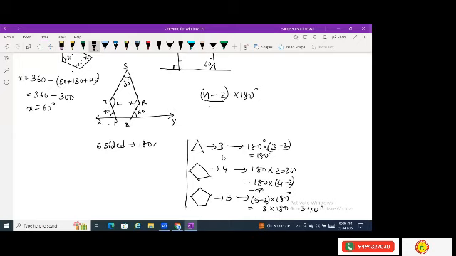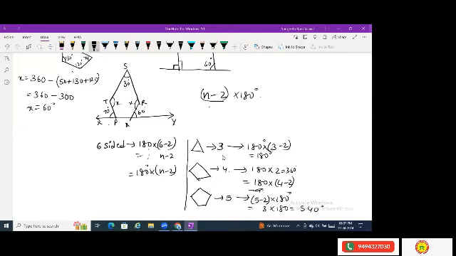So that is giving us n minus 2. As you go on, it's giving us n minus 2 into 180. Whatever are the sides of the figure, minus 2 into 180. So you get the sum of all the angles of this.